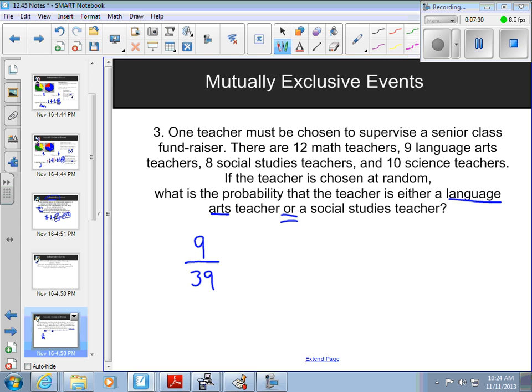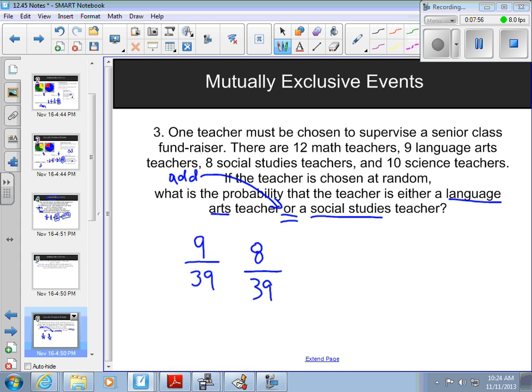Next, we have to figure out social studies. We have 8 social studies teachers, that makes us successful out of, again, 39 teachers. Anytime or, it just has to be one or the other. We want to combine these together to find our probability. Anytime you see the word or, remember that's an indication that we want to add.